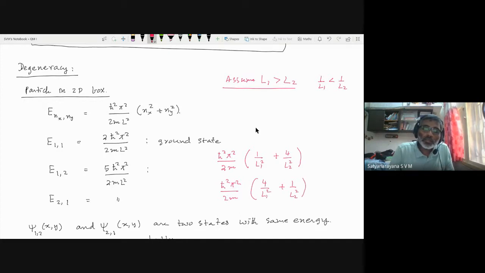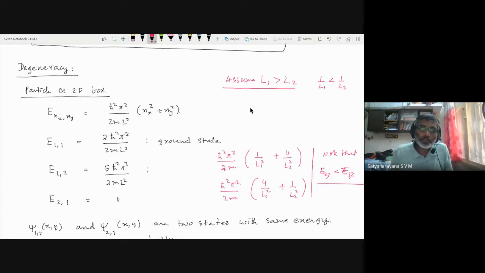Note that E(2,1) is smaller than E(1,2), and hence there is no degeneracy.